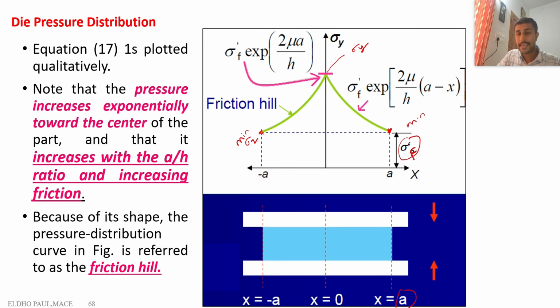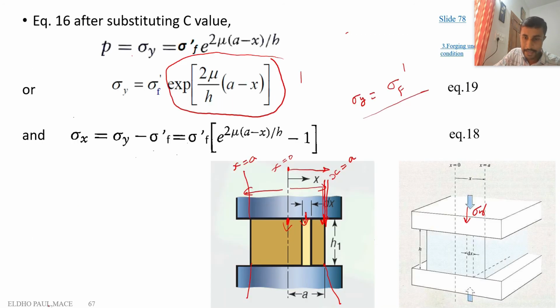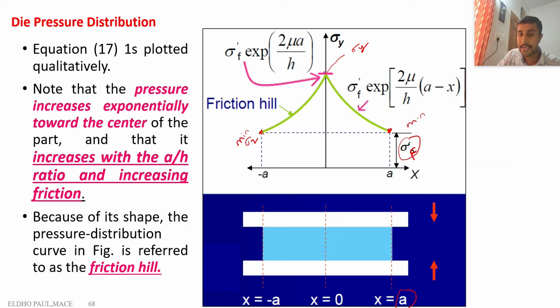But in the center region where x equals 0, we get this equation with 2 mu by h into a. This is the maximum value when x equals 0, because this is minus x. So in the center region, sigma y equals sigma f dash times exponential of 2 mu a by h.